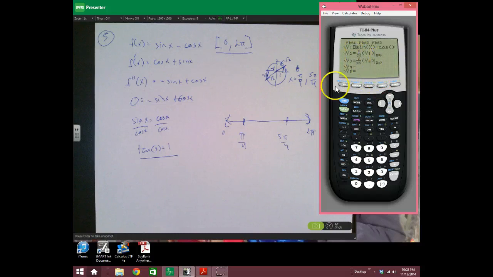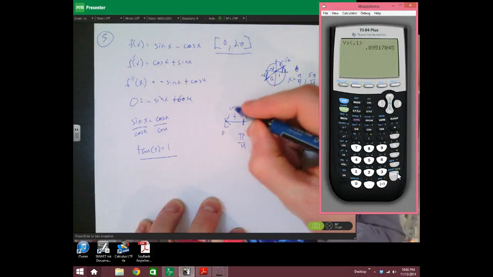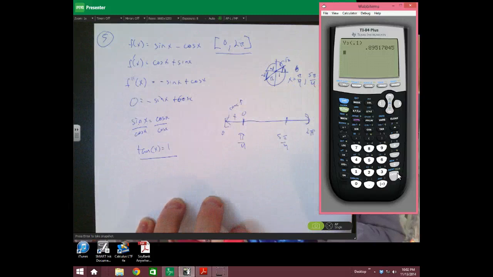It's the derivative of the first derivative. So it'd be y3 of like 0.1, which gives me positive 0.9. So I know I should be concave up between 0 and pi over 4.